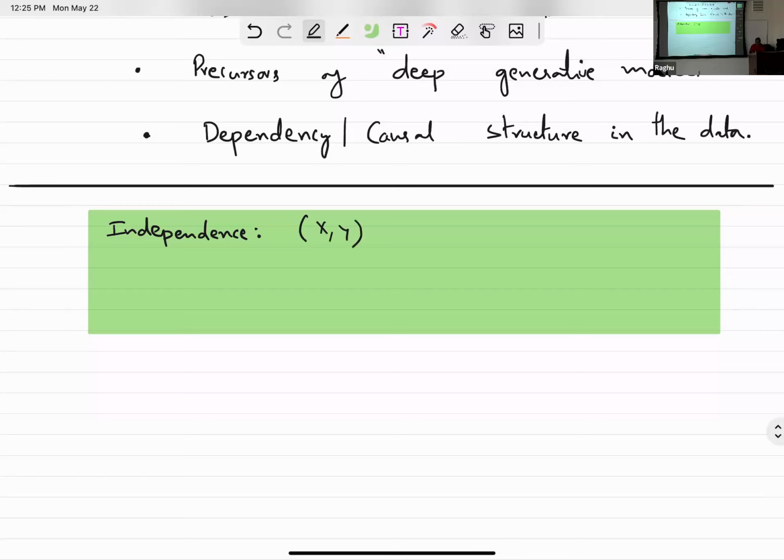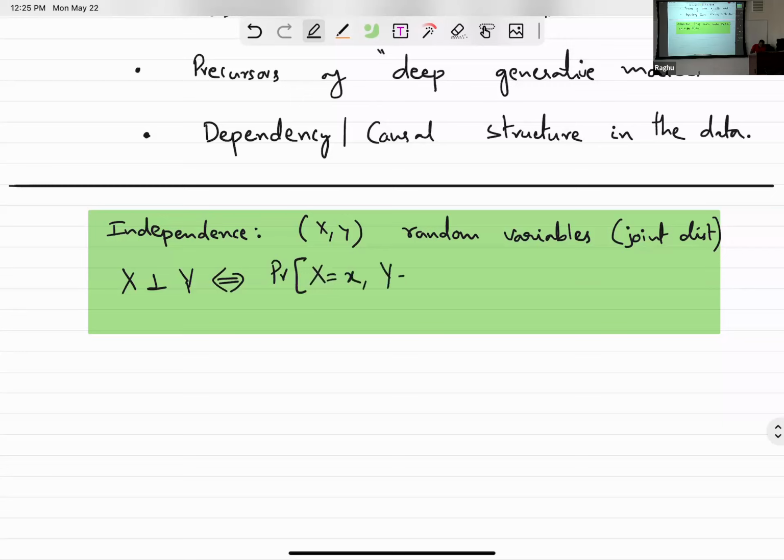If you have two random variables, x comma y, over some joint distribution, we'll say x is independent of y, which we denote as x perpendicular to y, if and only if for any two outcomes of x and y, their chances are independent of each other.